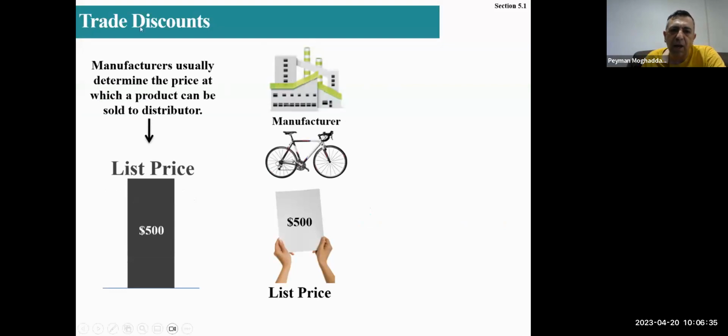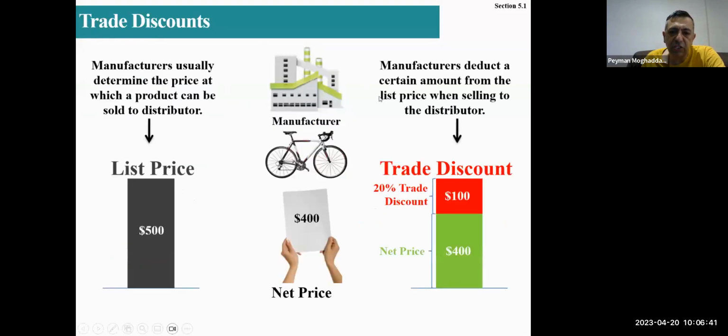Okay. So the other thing which we learned was trade discount, right? Trade discount is basically the profit which the manufacturer puts on the net price. That's called a trade discount.